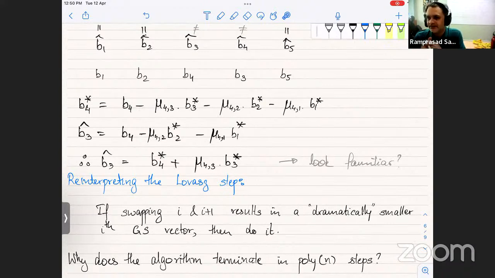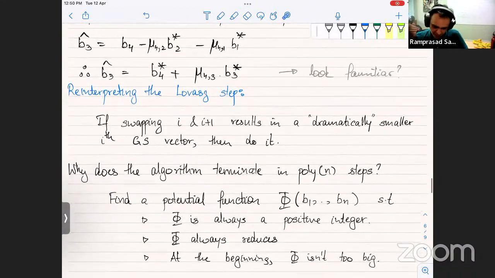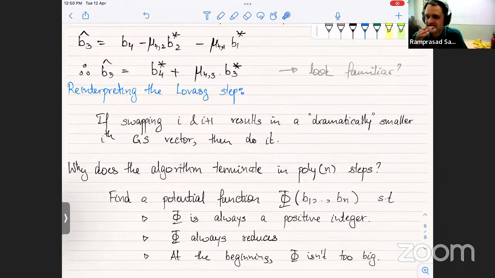So what we are going to do is the following. We are going to find a suitable potential function which depends on the basis vectors b1 through bn that we have. And we are going to argue that this phi is always an integer, and every time you do a swap, this integer reduces.